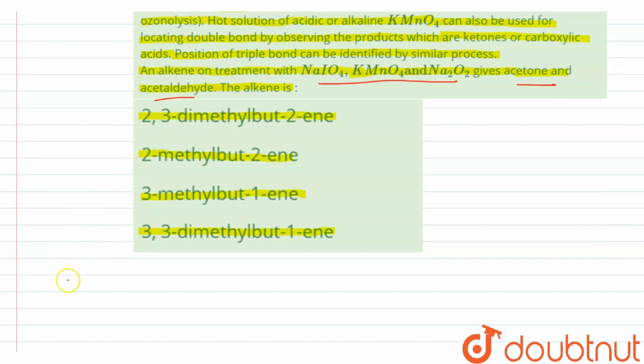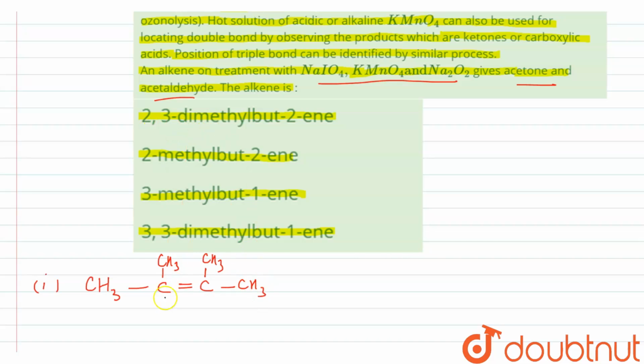So for the first compound, that is 2,3-dimethyl-butene, we'll draw the structure here. The first one is CH3, double bond, CH3 and CH3.